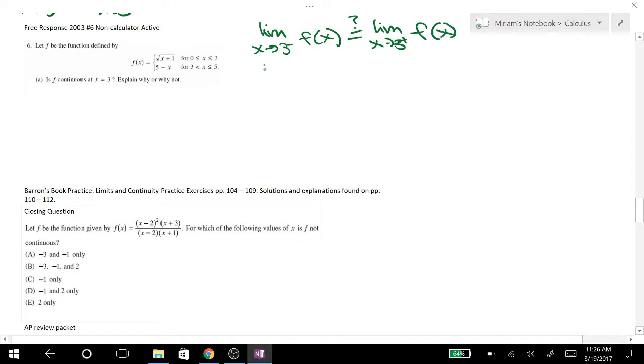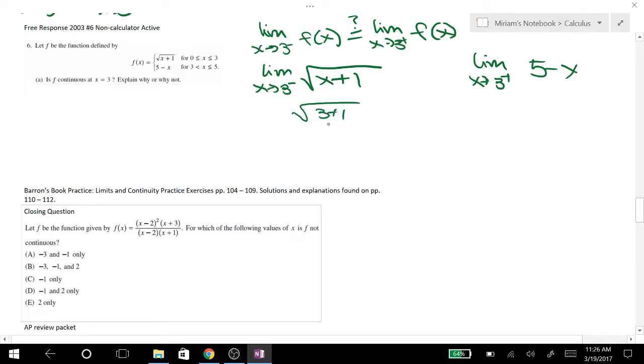Okay, so from the left, I'm going to do x approaches 3 from the left of square root of x plus 1. I'm going to check limit as x approaches 3 from the right of 5 minus x. I'm going to go ahead and plug in. This will equal 2. I'm going to go ahead and plug in. This will equal 2. So they are equal to each other.